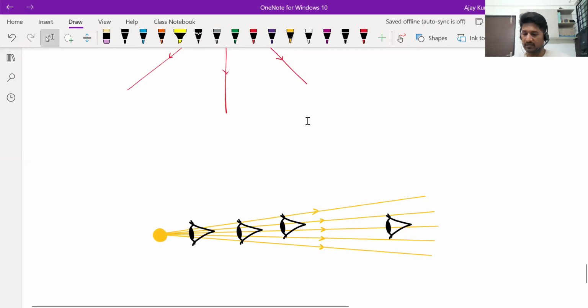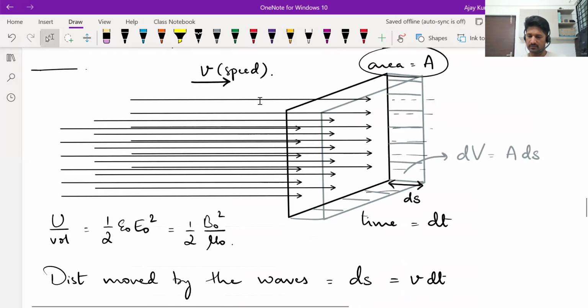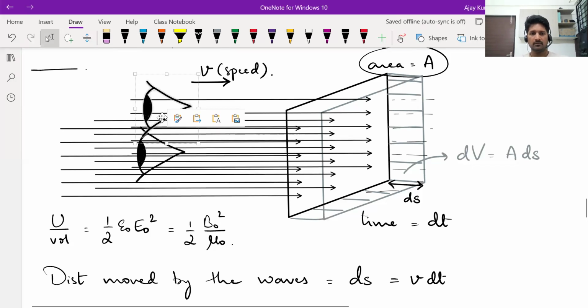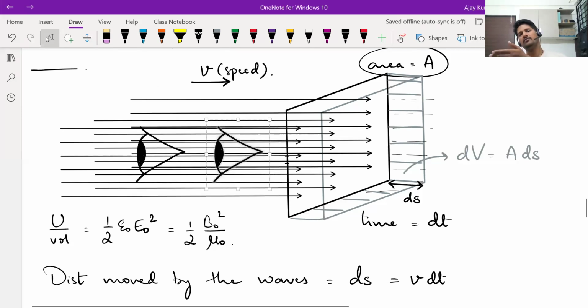Suppose there is a parallel beam of waves like this. Okay. Here, if you consider an observer's eye, maybe somewhat like this. If a parallel beam of waves like this enters the observer's eye, for that observer, or for that pattern of waves, the intensity will be the same everywhere, even if you move backward or forward.